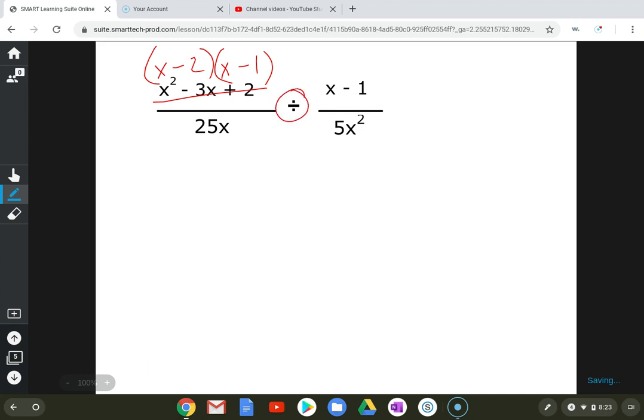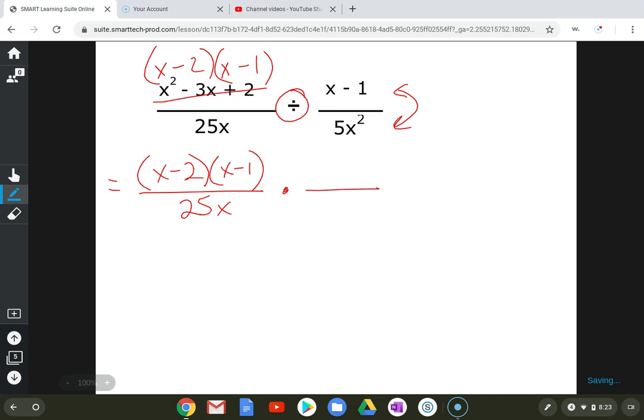When you divide, you have to rewrite. So it's just like regular fractions. So I'm going to rewrite my first term, and we're going to turn this into a multiplication, and we're going to multiply by the reciprocal of our second term here. So 5x squared, x minus 1.